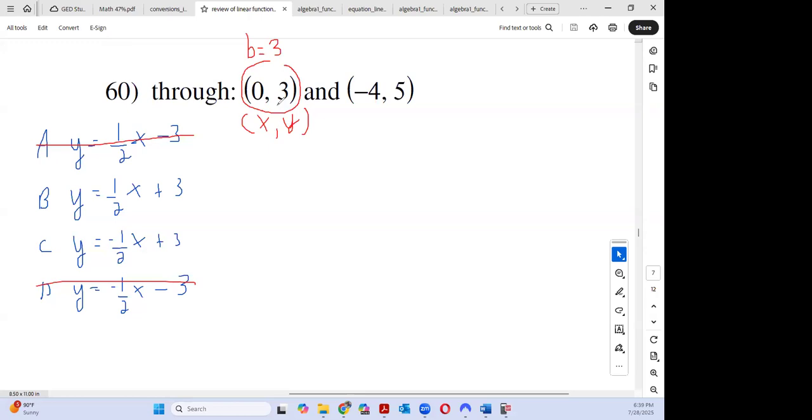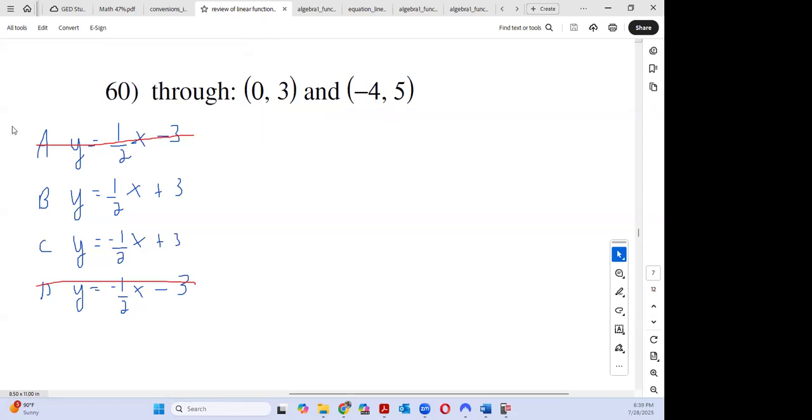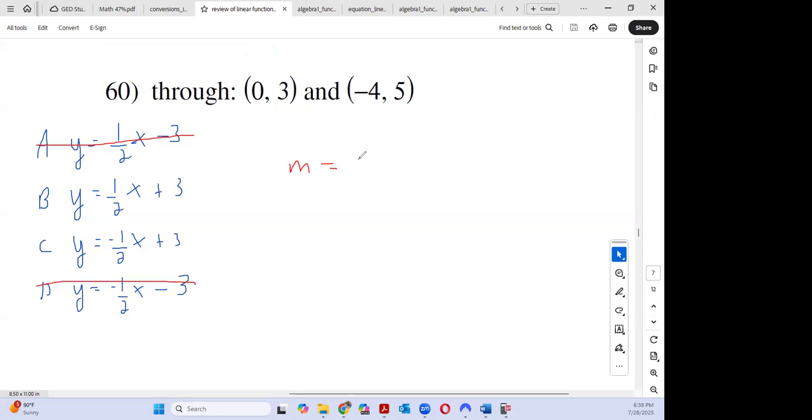Okay. Now, how can I find my slope given these 2 points? How can I find the slope given these 2 points? You gotta take the slope, right?